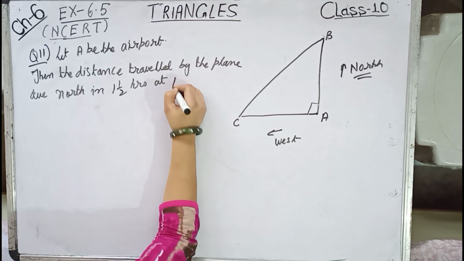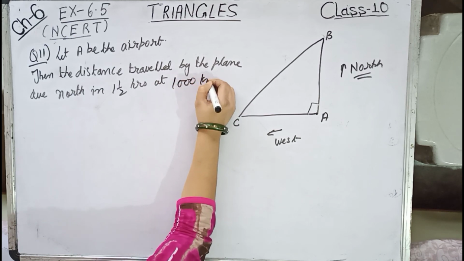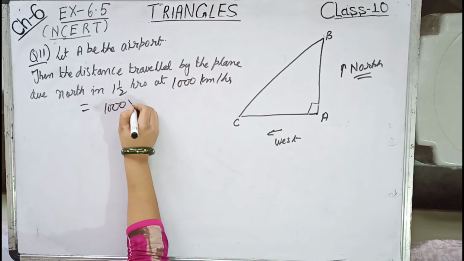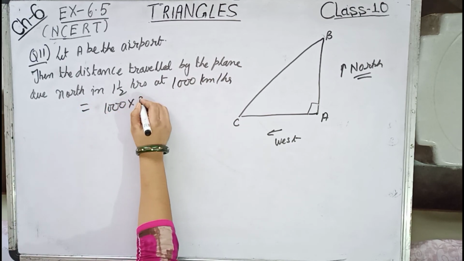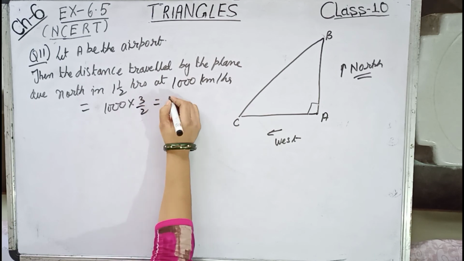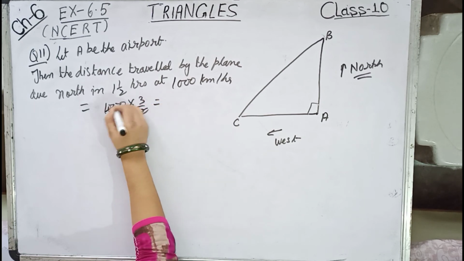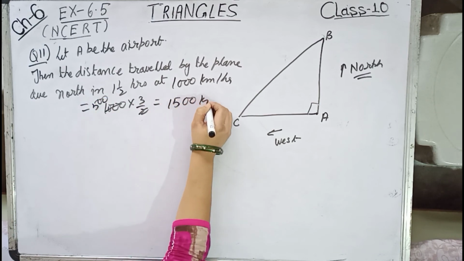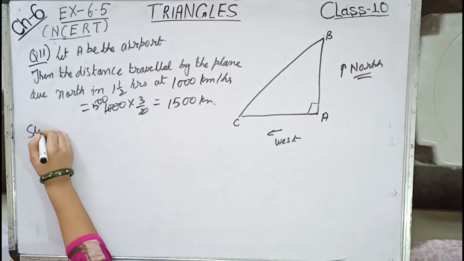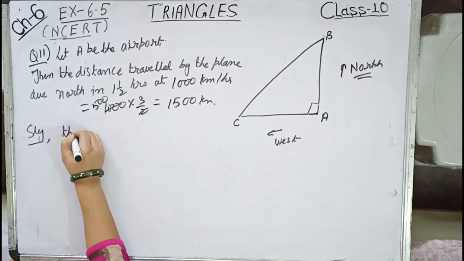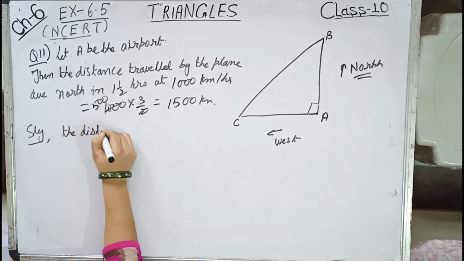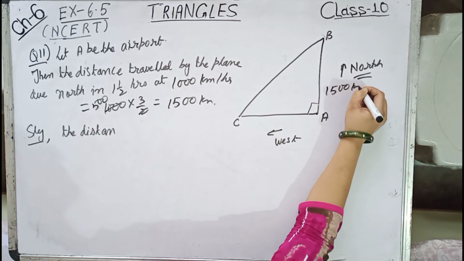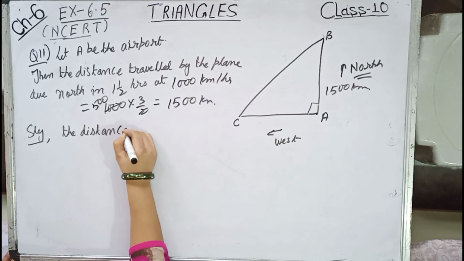At 1000 km per hour, equals 1000 into 3 by 2 equals 1500 kilometer. So this one will be 1500 kilometer.